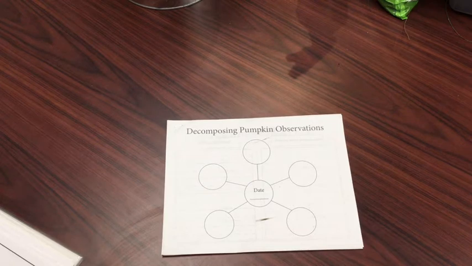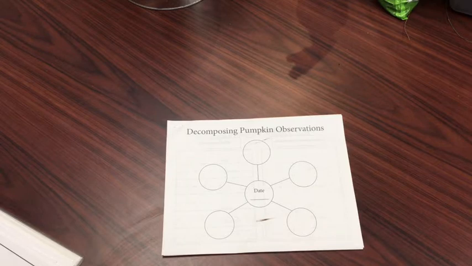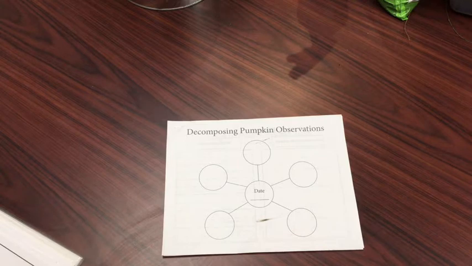Okay, decomposing pumpkin observations. In science, we try to explain or describe the experiment to the best of our abilities, so that way we can compare and contrast from week to week how the experiment is changing.